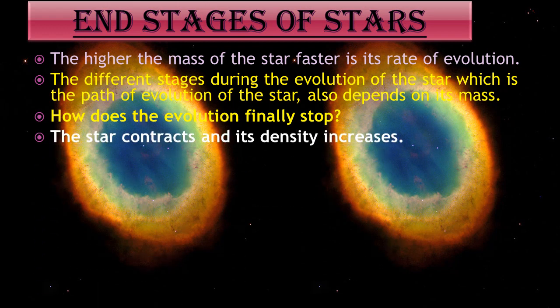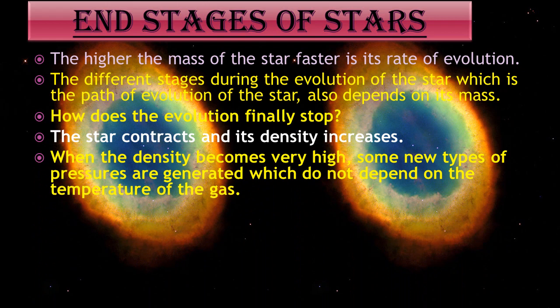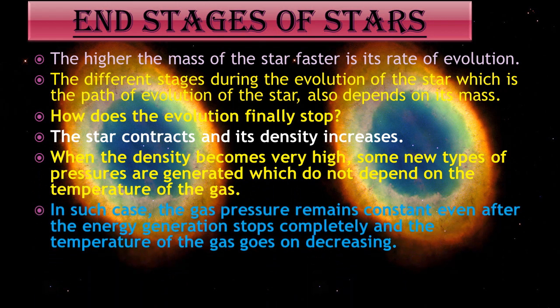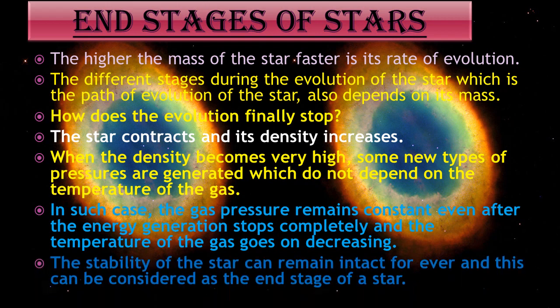And when the density becomes very high, some new types of pressure are generated which do not depend on the temperature of the gas. In such a case, the gas pressure remains constant even after the energy generation stops completely and the temperature of the gas goes on decreasing. The stability of the star can remain intact forever, and this can be considered as the end stage of the star.